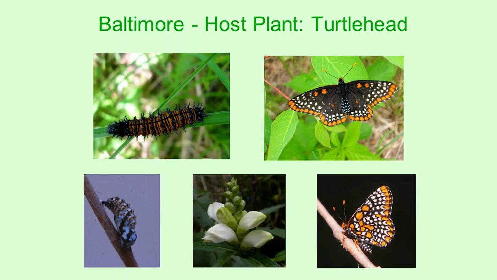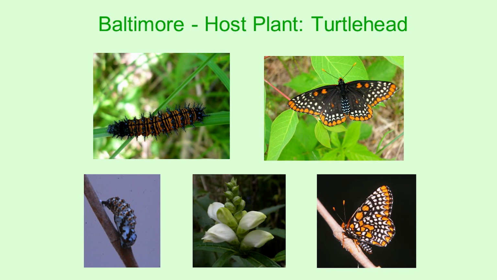So this now is the Baltimore butterfly, with a host plant of turtlehead. This chrysalis attaches itself just like the monarch chrysalis does, only at the one end. So it's different the way it attaches itself from the swallowtails.